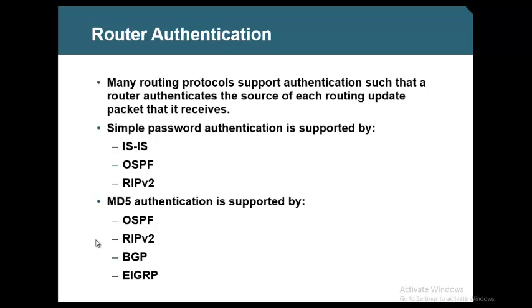So only by using an algorithm will you know what the password is. For authentication, no one in the middle can understand the password, because this password is sent in the form of hash values. That's what MD5 authentication is.